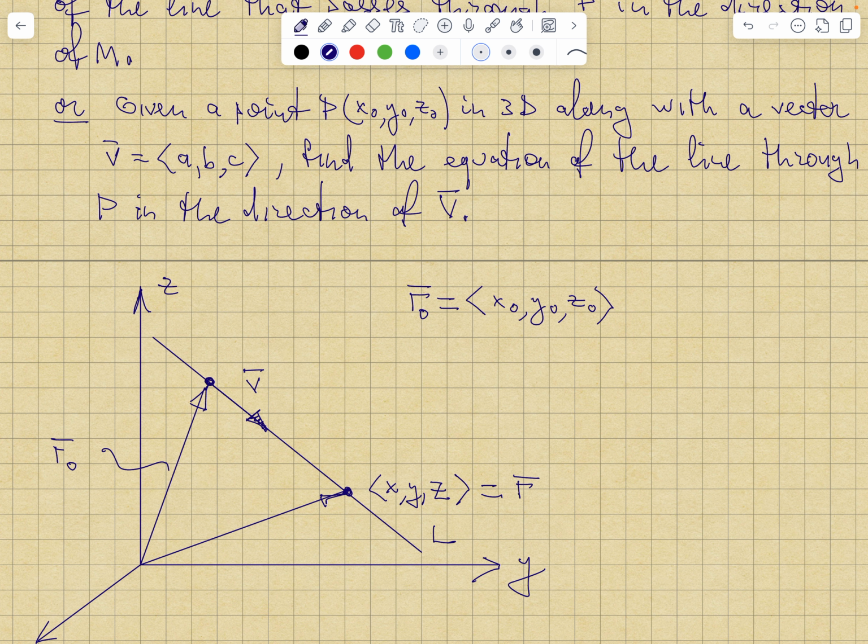Now, if I also subtract R0 from R, then that will be the green vector. And what we can see here is that the two vectors, r minus r0 and v, are parallel.